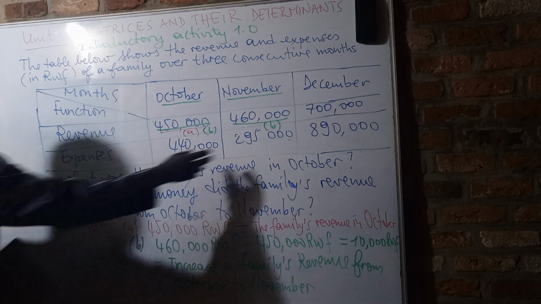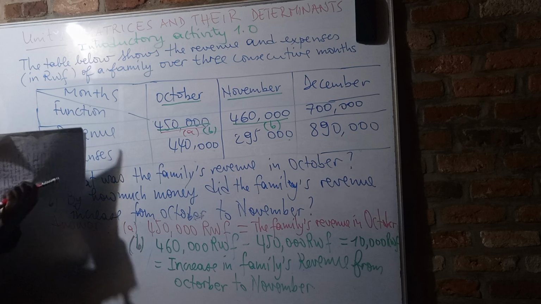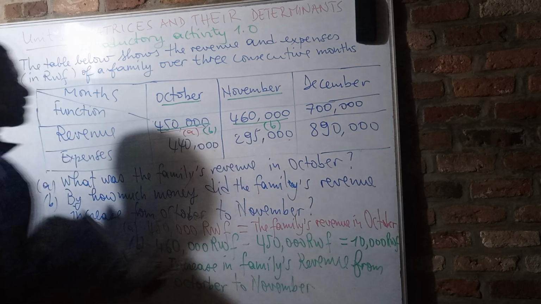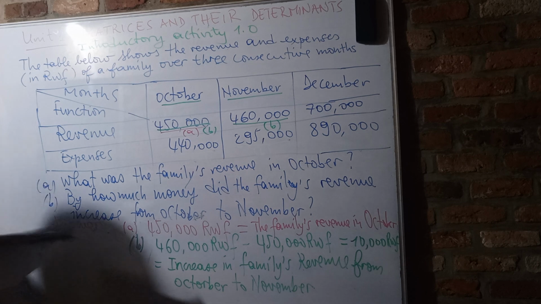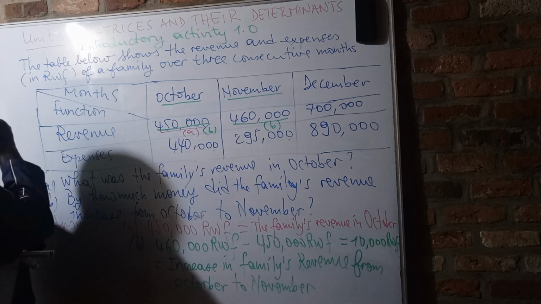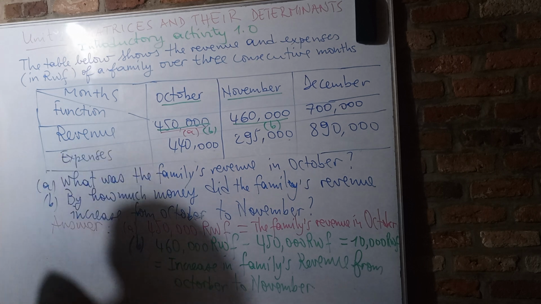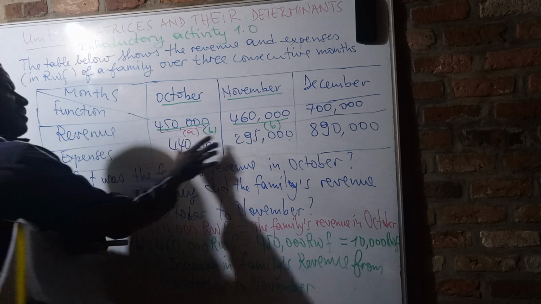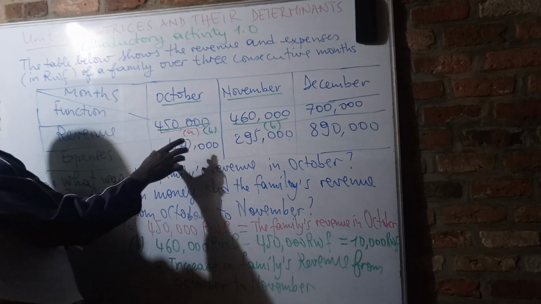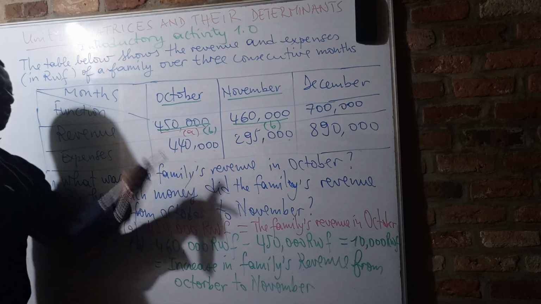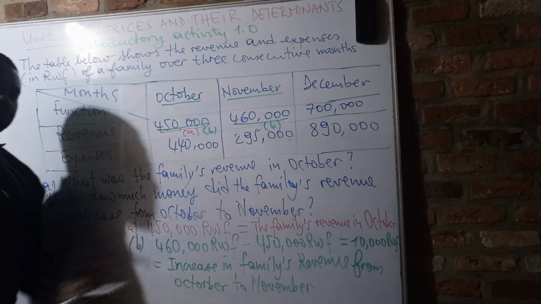Of course, you're gonna have to make this difference from October, but here we're gonna have less expenses because they use less amount, and then when you make a difference, it's gonna have a negative sign.